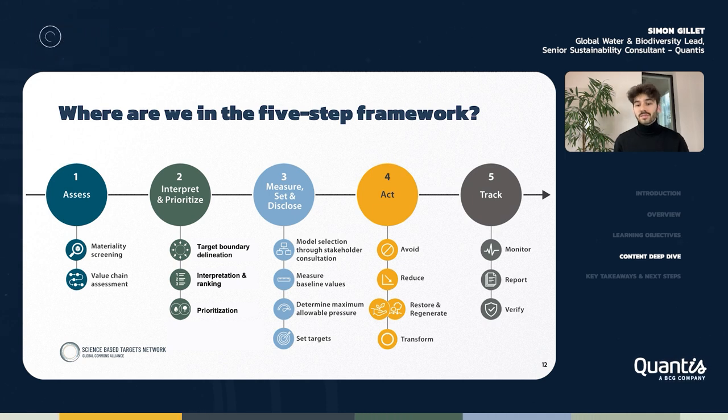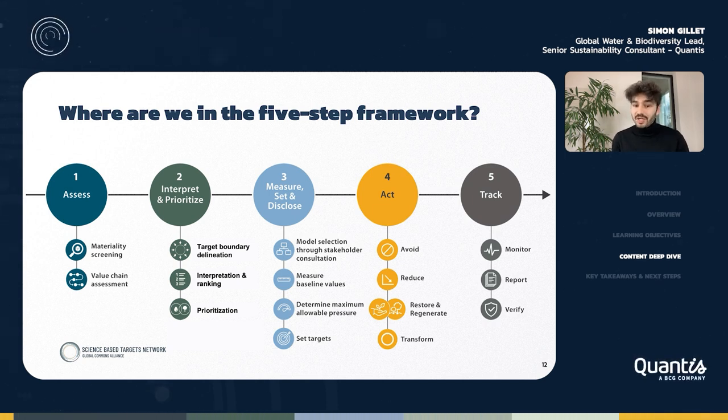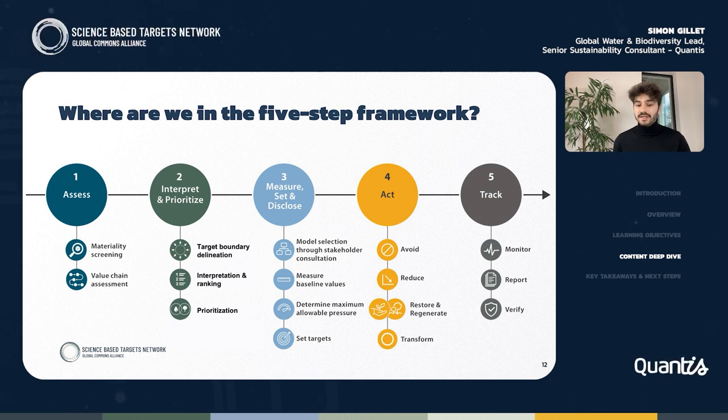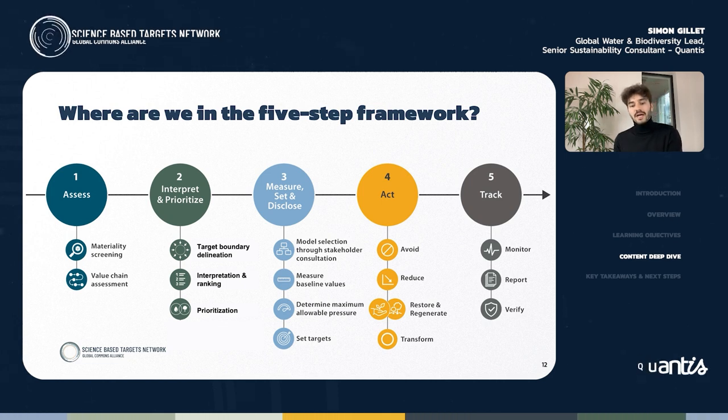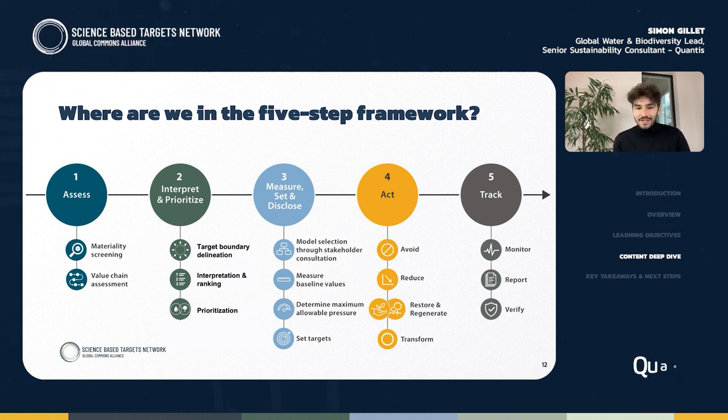Two unique aspects of this approach are, first, that these targets are spatially explicit, reflecting the needs of nature and the locations where company pressures occur. And secondly, that actions must be guided by the SBTN's action framework: avoid, reduce, regenerate, restore, and transform. This is a hierarchy of action that is consistent with a conservation and mitigation hierarchy of actions. And we are now at the second step of this process.